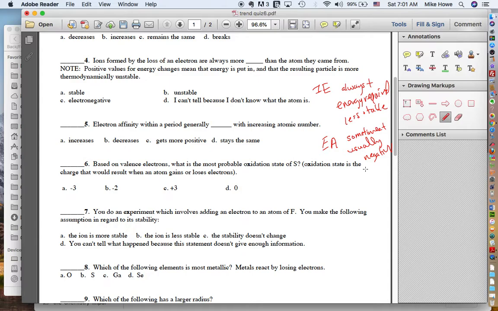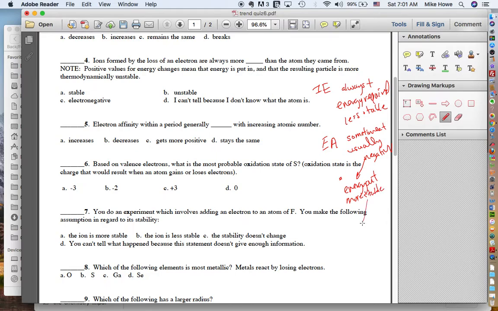If energy is released, that means it's going to become more stable at a lower energy state.